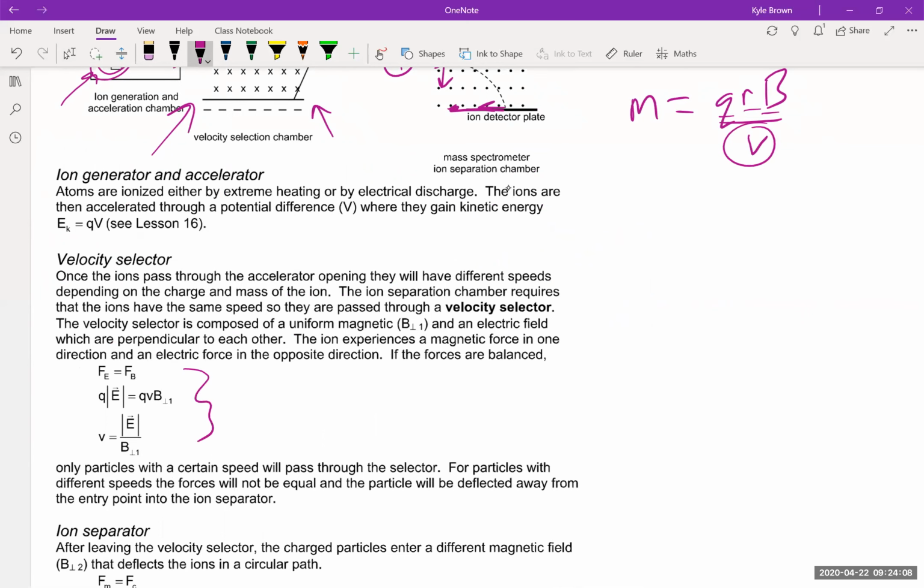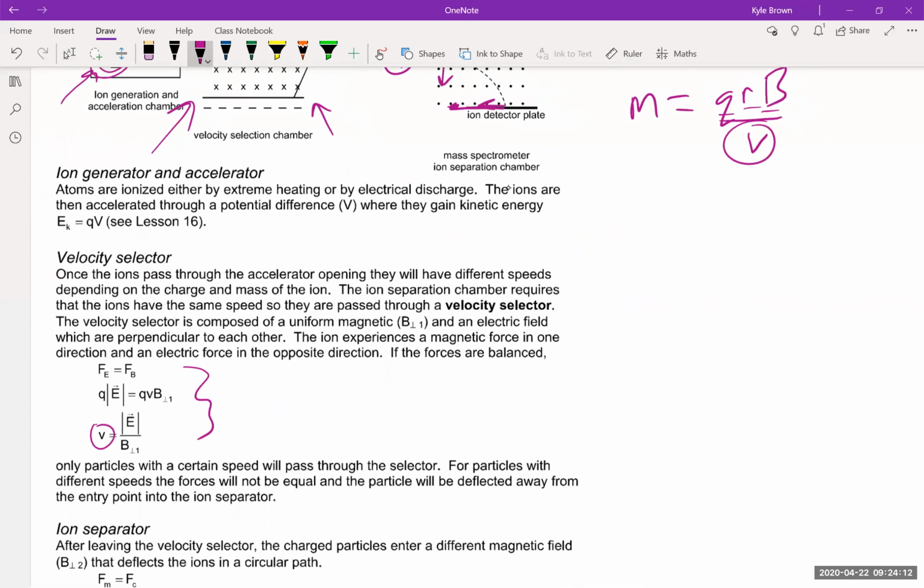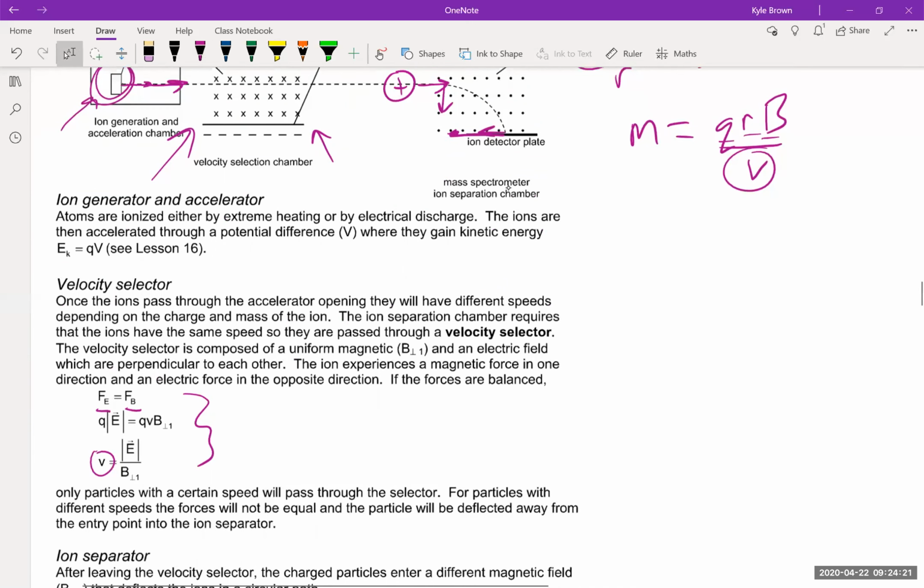Okay, so our velocity selector would be just this, right? So your step number one, if you've got a question like this, would be to figure out what the speed of your particle was, because we're going to need that for the second part. So just setting it up as FE is equal to FB. I find that's usually the hardest thing for kids to just start with. As soon as they write that down, they're usually kind of good to fill it in, like work their way down like we've been doing.